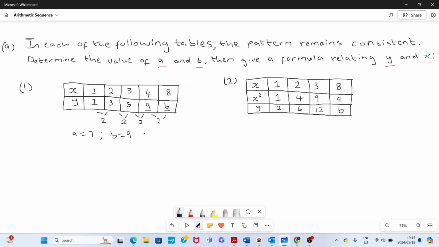Sorry. So now let's try to give a formula that relates Y and X for this table. I would like to look at this table, since it's just X and Y, in terms of a straight line.